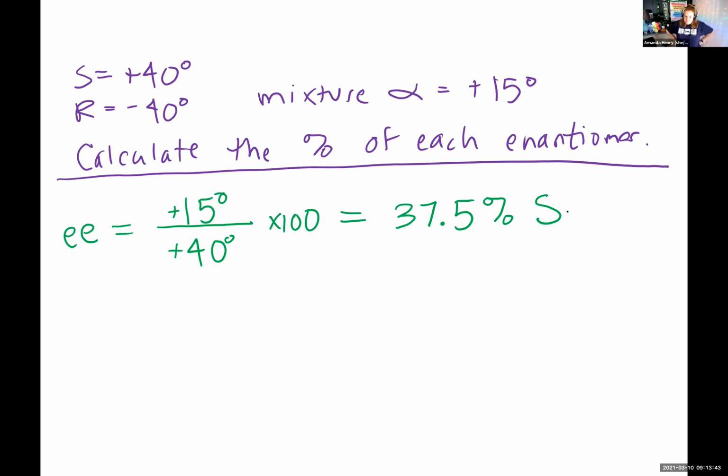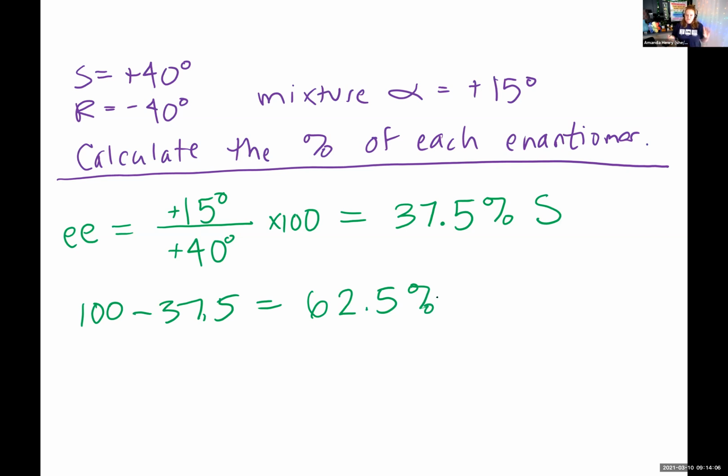Now, what this number means is this is the enantiomeric excess. So the rest of the solution, 100% minus the 37.5%, I don't trust my head to do this in the morning, is 62.5%.